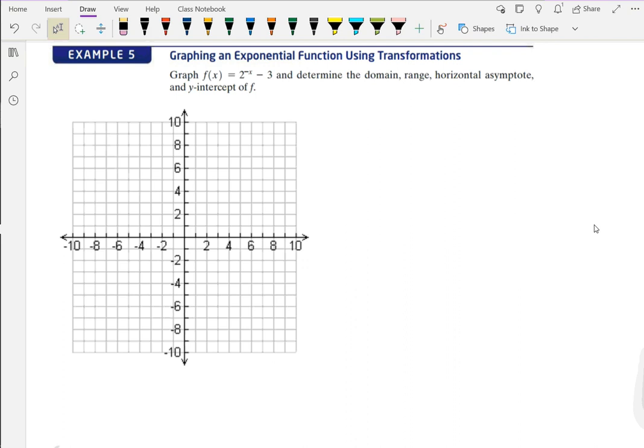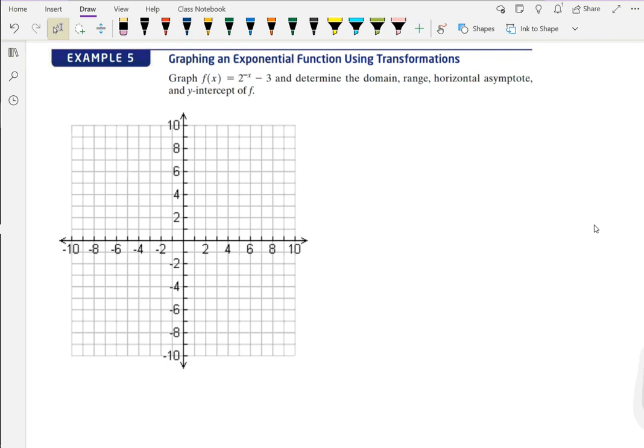Let's now graph a function and see what we can come up with. So we're going to graph a few here realistically. So let's take a look at f of x is 2 to the negative x, minus 3. Okay, so we've got some interesting items going on here. So let's see.